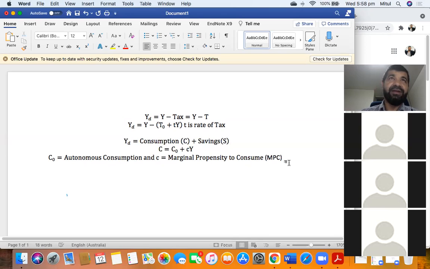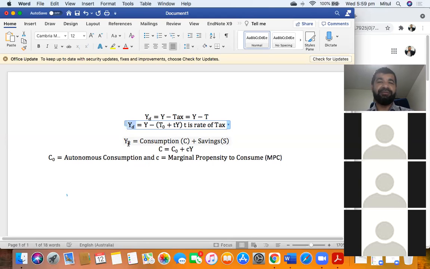Now, the next point is that when disposable income, YD, is increasing, saving will be decreasing. That's a very simple point. And when your disposable income increases, your consumption will also increase.